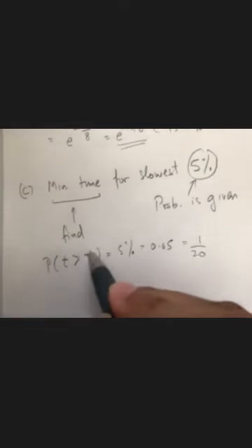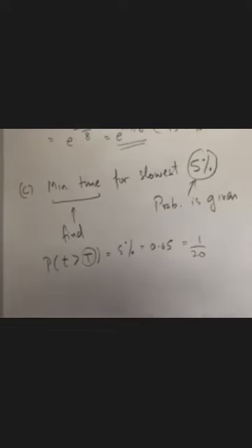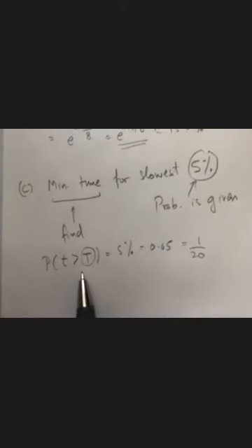So we have to solve for this time. The answer is given to us: it should be 5%. But it's a reverse question. We have to find for what value of t this probability will equal 5% or 1/20.